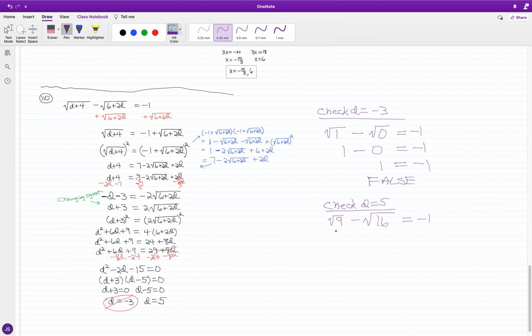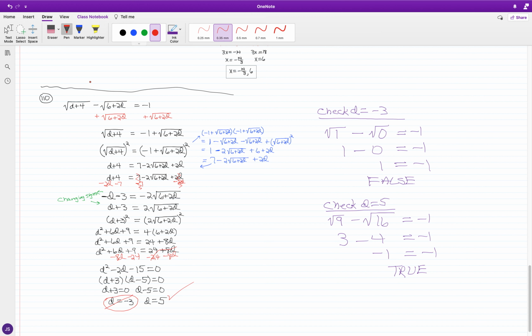Okay, so you have square root of 9 is 3. Square root of 16 is 4. 3 minus 4 is negative 1. And we have left hand side is negative 1. Right hand side is likewise. So both sides agree. And that possibility is created by setting D equal to 5.